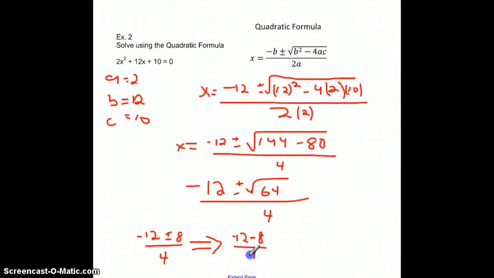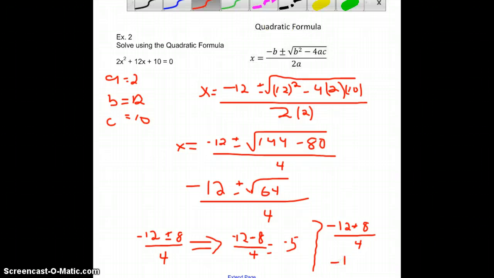Well, that's negative 20 over 4, which is equal to negative 5. Okay, and if I wanted to do positive 8, negative 12 plus 8 over 4. Well, negative 12 plus 8 is negative 4. Negative 4 over 4 would just give me negative 1.